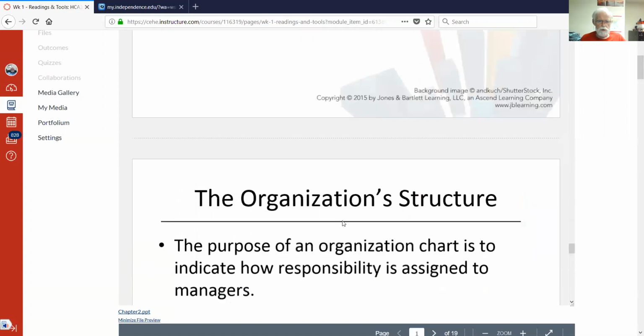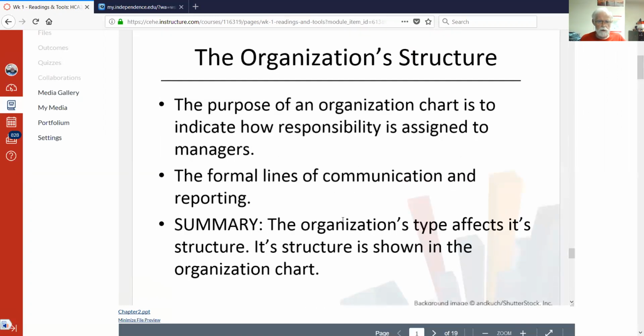So the organization charts, structures, it's under you. One of the things you want to do when you move into an organization is really study the organization's structure, the organization chart, to see what the formal lines of communication and reporting are, and how many layers.